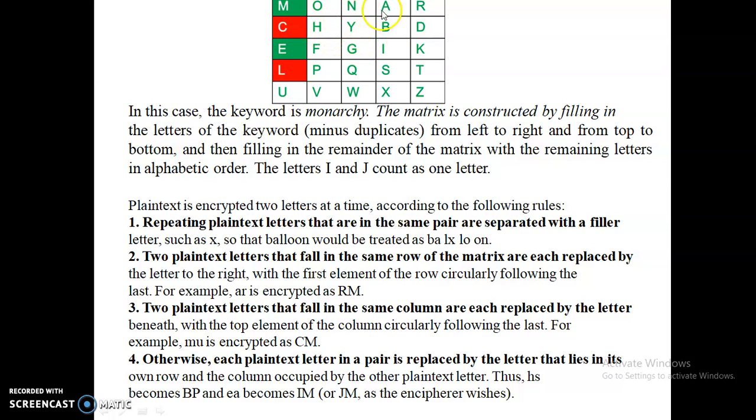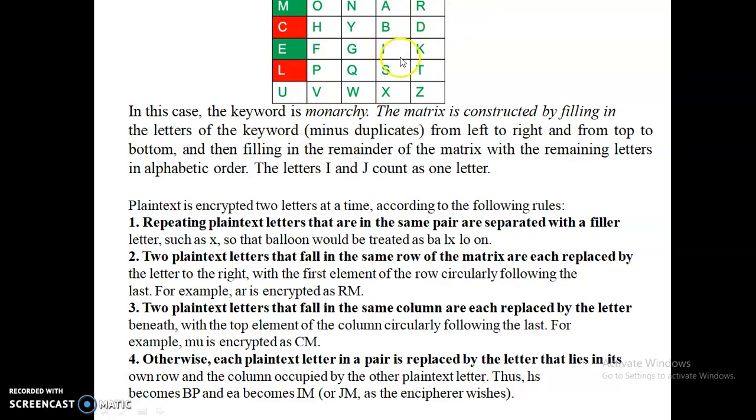So I is placed here, and one more thing: the letters I and J count as one letter here. So J is skipped and I is placed in this matrix. If you see the letter I, you can also imagine that J is present there.